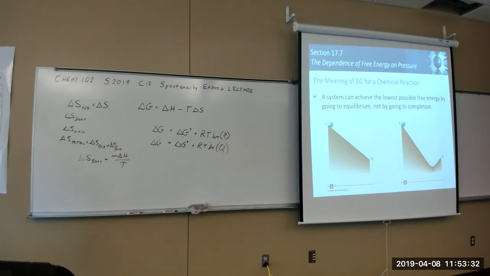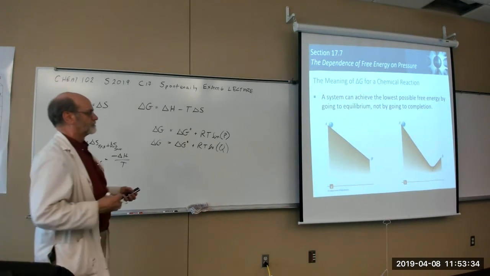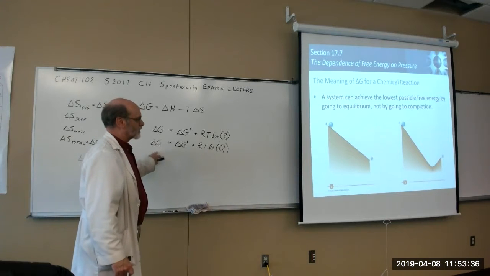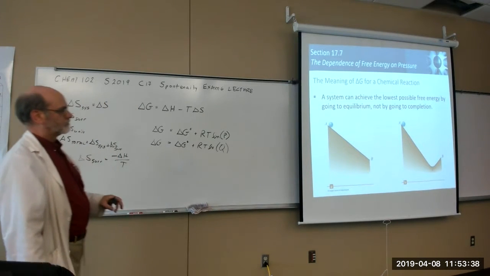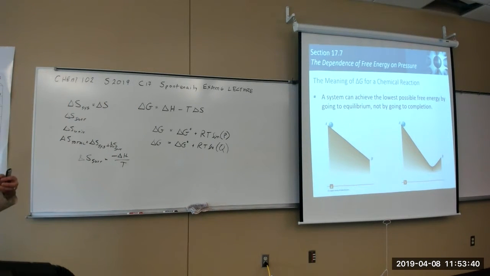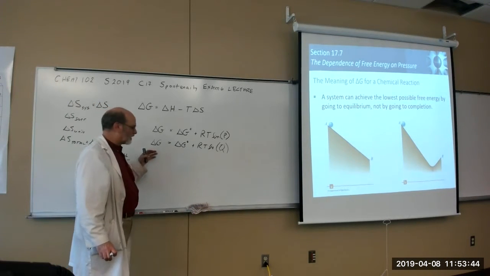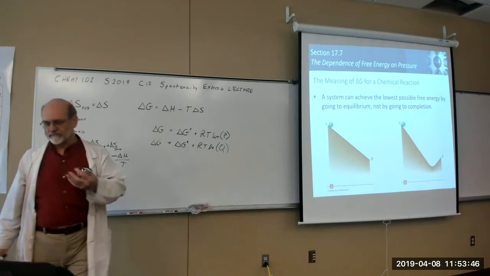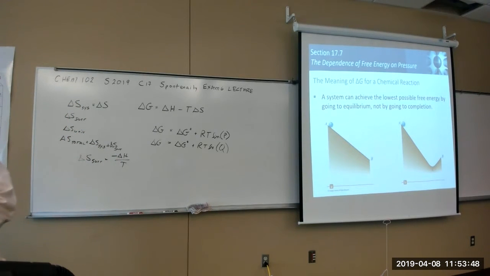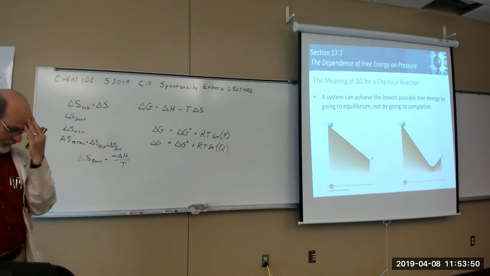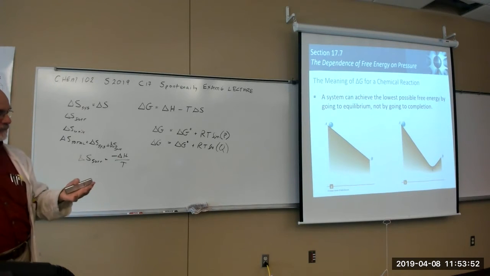All right, what does the actual delta G mean for the chemical reaction? Well, the reaction may not go to completion, and this refers to equilibrium.